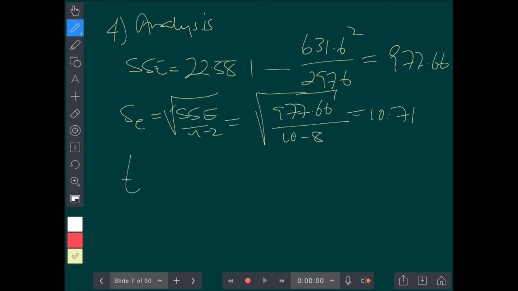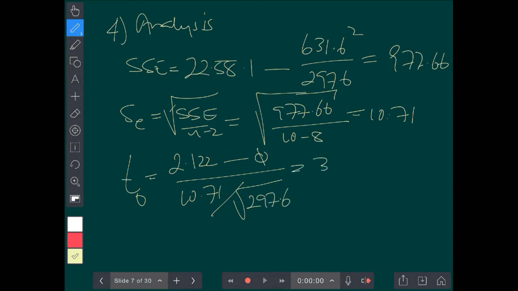And so now we can find t0, which is b1, our sample value 2.122, minus beta 1, which is 0, over SE, which we just calculated, 10.71, divided by the square root of SSX, 297.6. And guess what? It gives us exactly the same t-value, because the two tests are equivalent. If x and y are linearly related, then x helps to predict y. That is the crux of it.